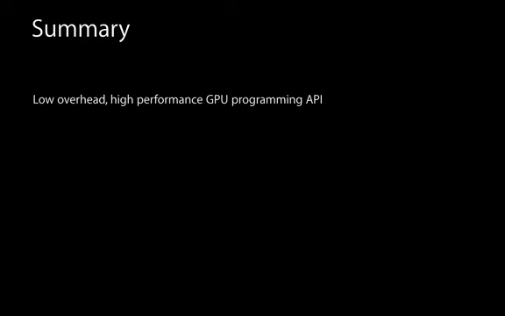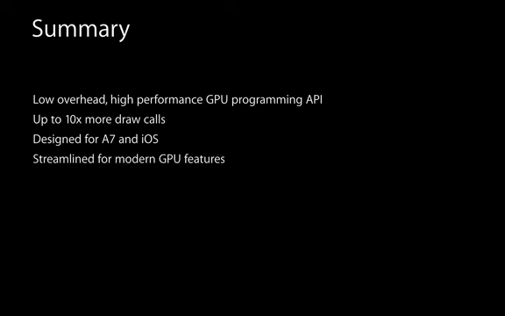Metal is our new low-overhead, high-performance GPU programming API, which can provide you with dramatic increase in efficiency and performance for your game. We've designed it from scratch to run like a dream on the A7 chip and our iOS products.